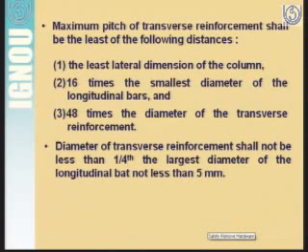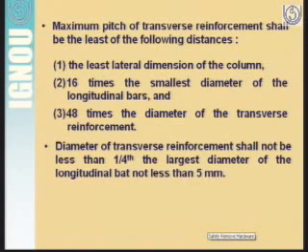If we are providing longitudinal bars of different sizes, then we will consider 16 times the smallest diameter of the longitudinal bar. The third condition is 48 times the diameter of the transverse reinforcement. So out of these three, whichever is the least, we will consider that as the maximum pitch for the transverse reinforcement.